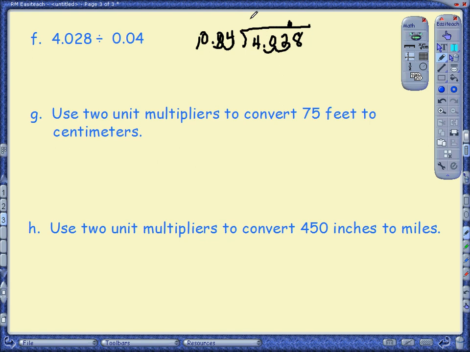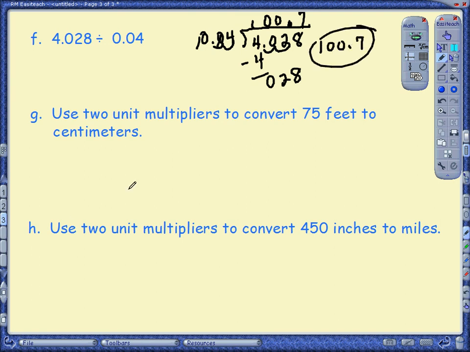So 4 goes into 4 once, 4 goes into 0, remainder is 0, we bring down the 0, 4 goes into 0 0 times, we bring down the 2, 4 goes into 2 0 times, and then we bring down the 8, and 4 goes into 28 evenly 7 times.